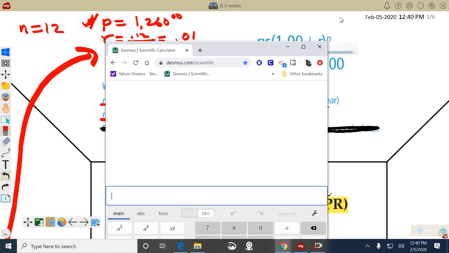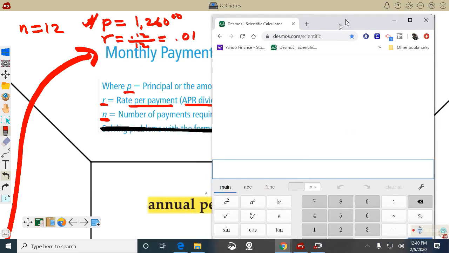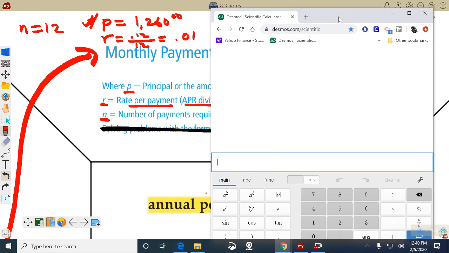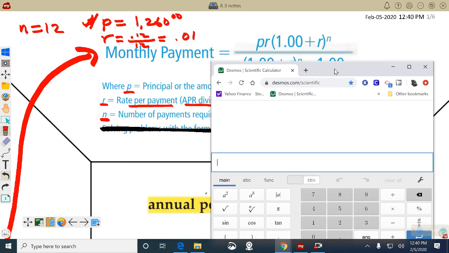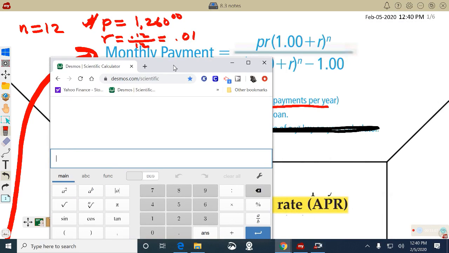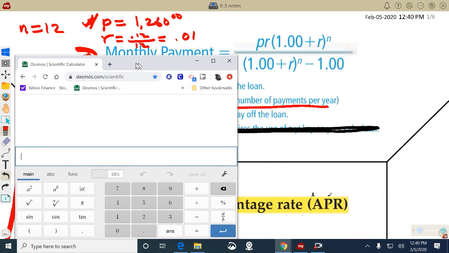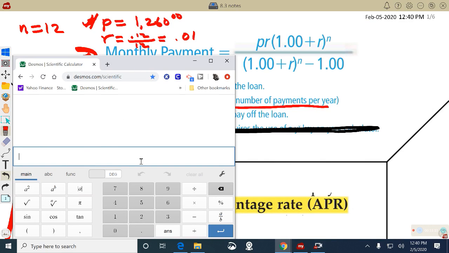Check this out. I'm just going to type in. I know what P is, it's 1260. I know what R is, it's 0.01. And I know what N is, wherever you see N, it's 12.